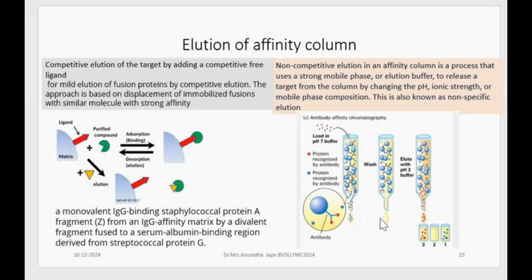You can separate glycoproteins from non-glycosylated proteins, right? Or you can separate glycoforms from one another. So there are two different glycoforms with two different sugars or glycans attached to them, and you can separate those.